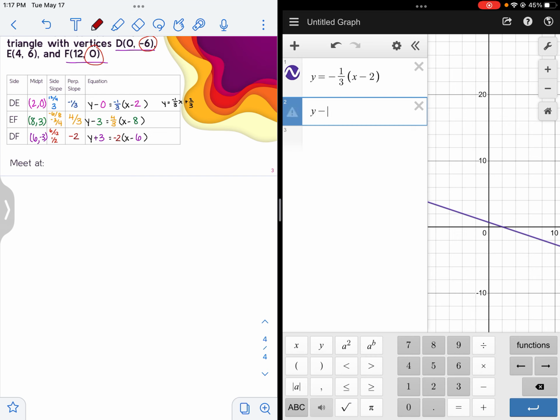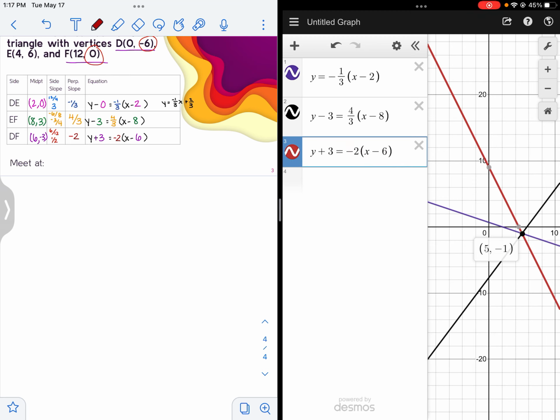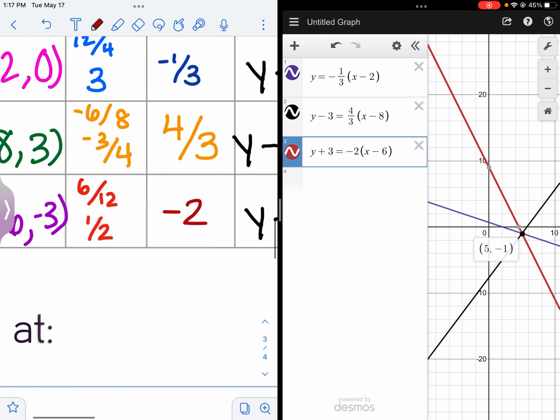And then I have y minus 3 equals 4/3 times x minus 8. And then I have y plus 3 equals -2 times x minus 6. And they meet at (5, -1), so that's my answer.